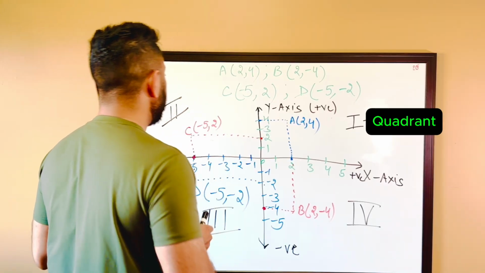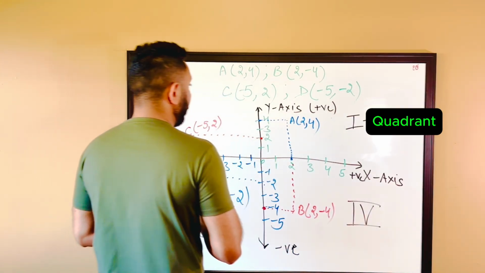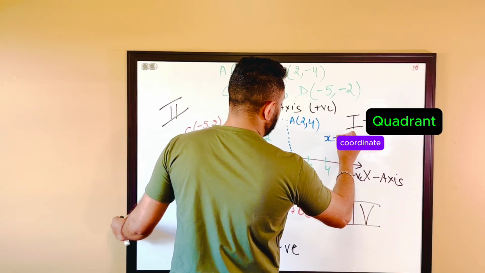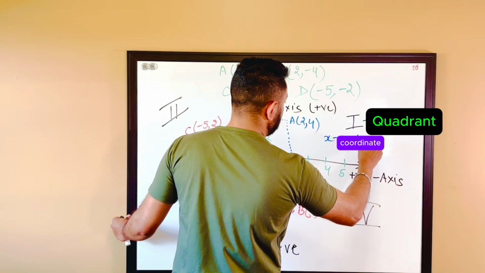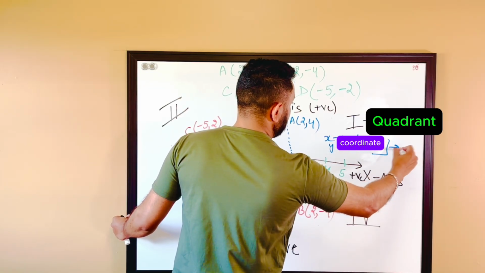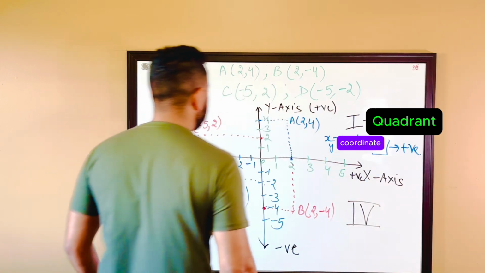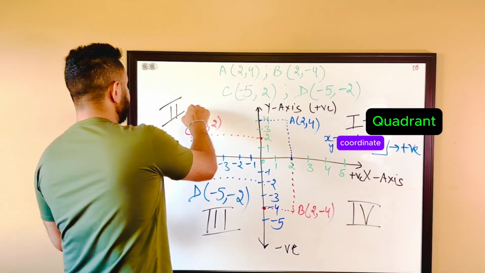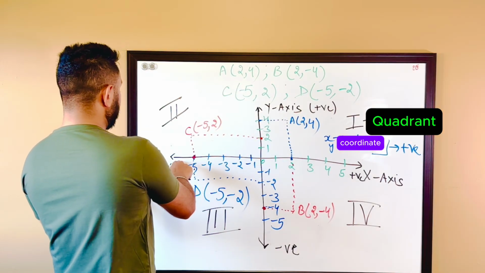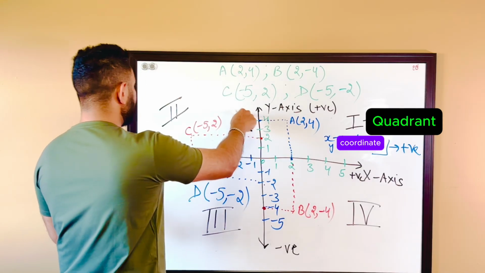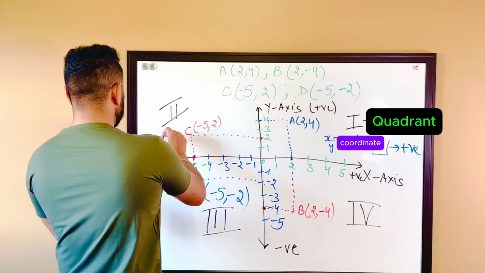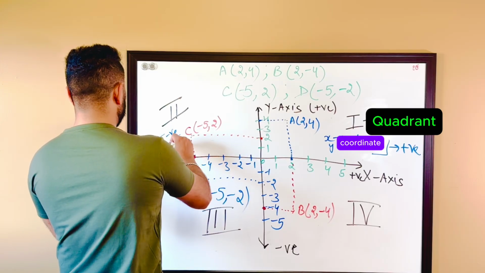If any point lies in the first quadrant, the values of x and y are going to be positive. And if a point lies in the second quadrant, the value of x coordinate is going to be negative and the value of y coordinate is going to be positive.